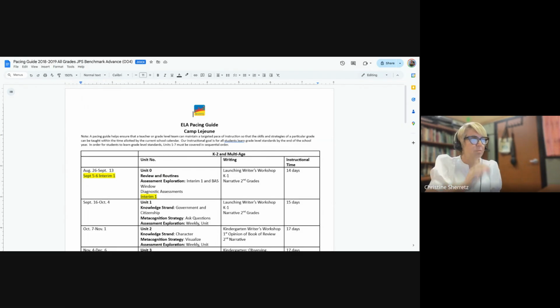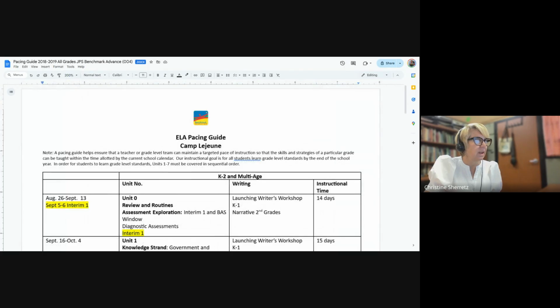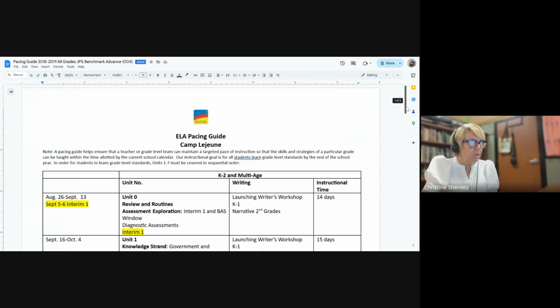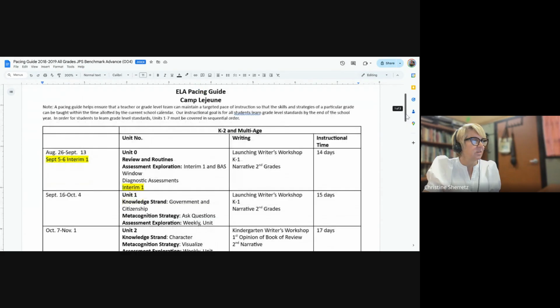This was the pacing guide. The last school I was at, I was a principal at a pre-K through second grade school. So Benchmark Advance again is a basal series, and so it had whole group curriculum. It had everything for small groups. Benchmark, this shows us our scope and sequence.